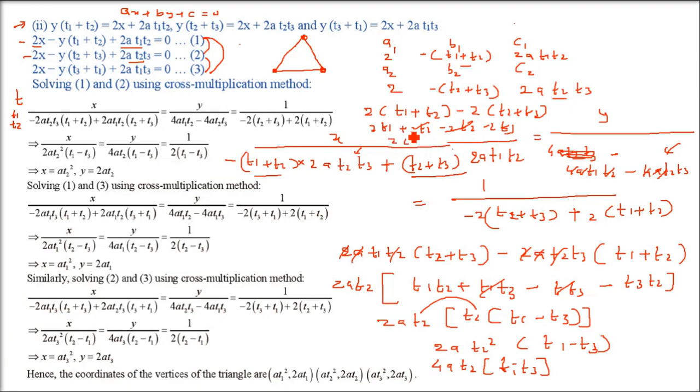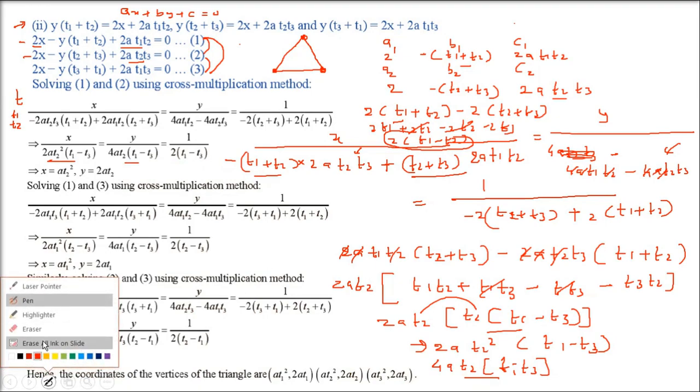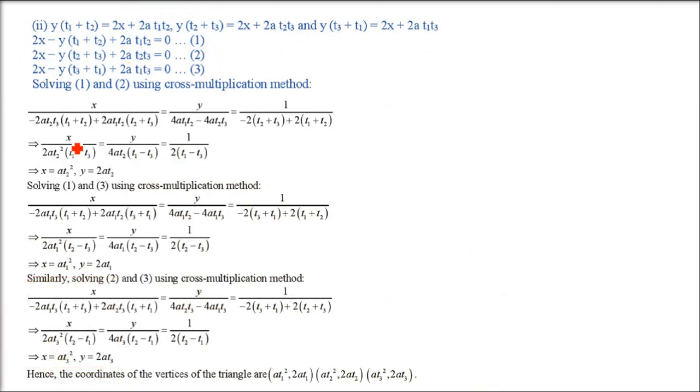You'll get 2, you can take common now, T1 minus T3. So this is the third, which is the denominator of 1. First was this one. Second was this one. Third one is here. Now let me just clear it so that I can show you the next step.